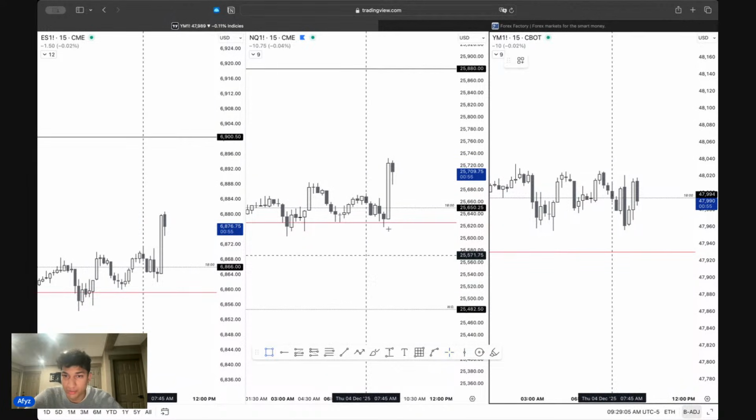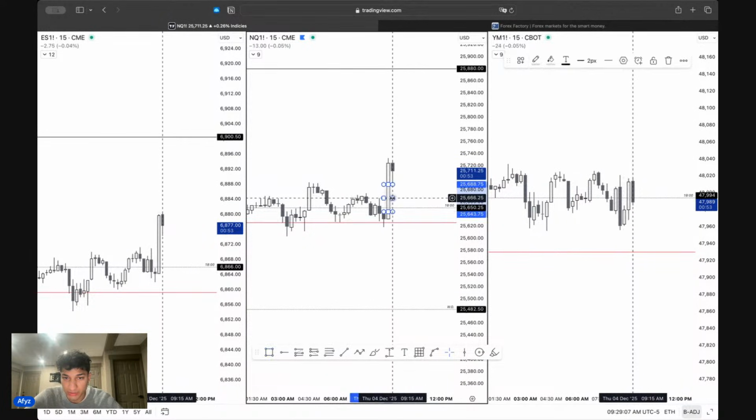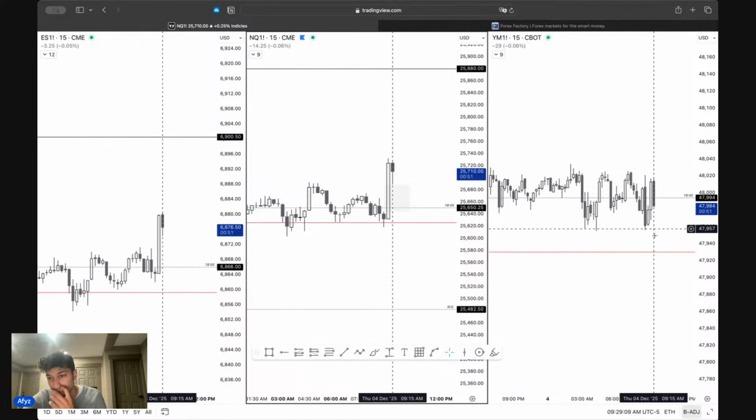So I want to see this gap printed for the equities open like this, while YM trades into this low.